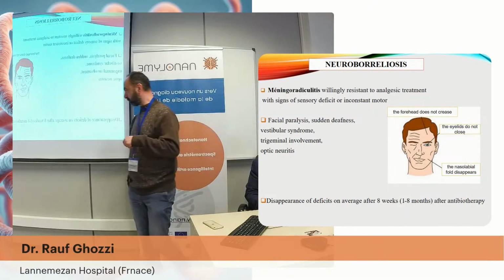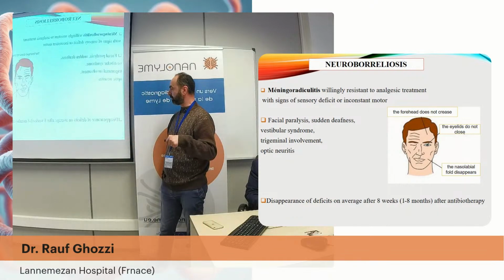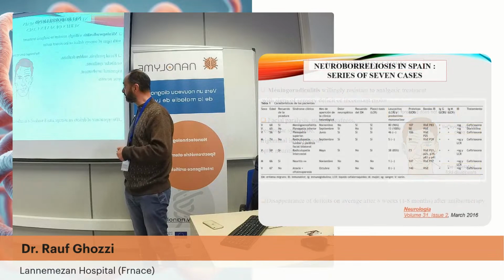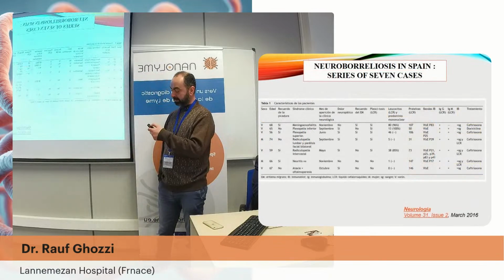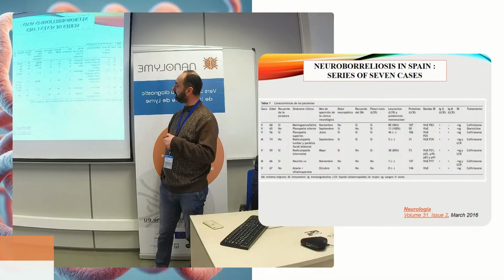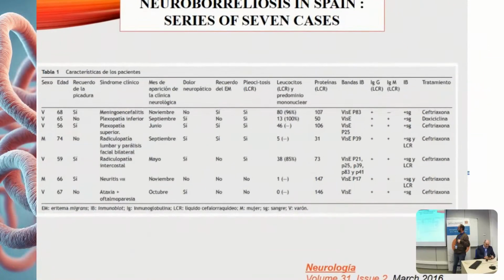Theoretically, with antibiotics, you can have an amelioration in about 2 months and disappearance of the symptoms. This is a study in Spain, and you can see there were 7 patients with this neurological presentation.